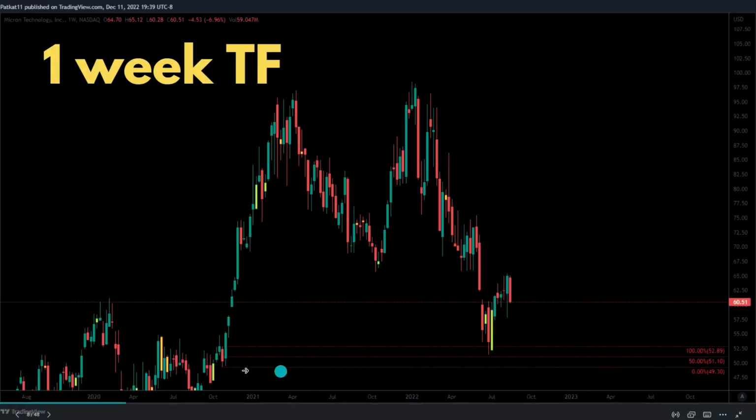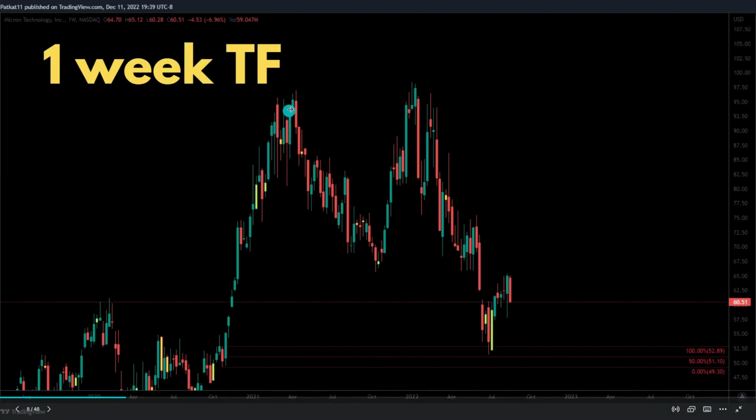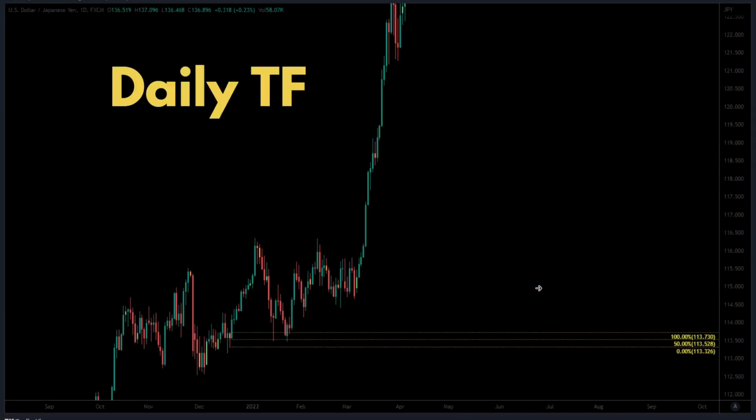1 week time frame, it's set up here, pretty much rallied, did a double top, pulled back into it, touched the base, touched the top, then did like a 20% rally.